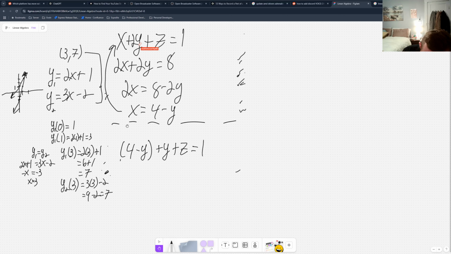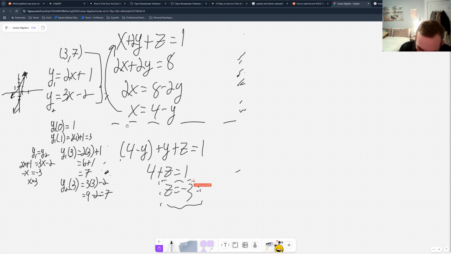So in this case, before I fixed it up here, we had 4 minus y plus z equals 1, and then we could say z equals negative 3. And then I would know that z is equal to negative 3, which is cool. In this system, I can always know what z is.